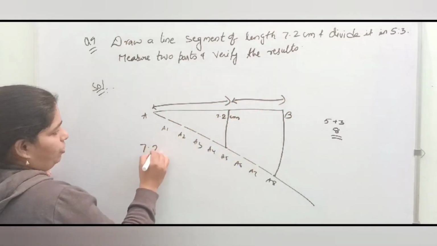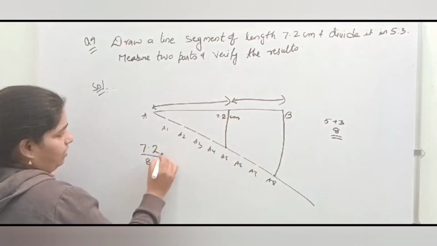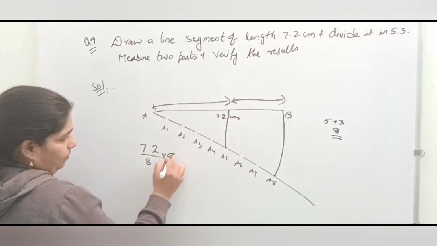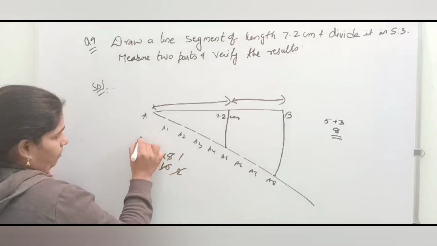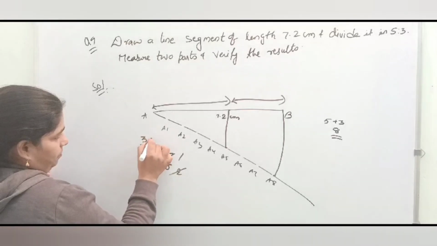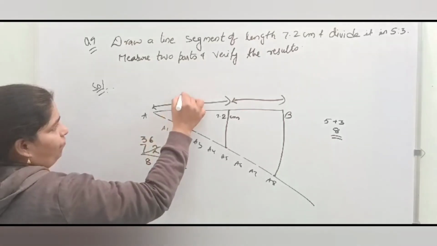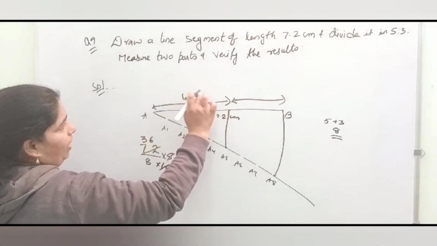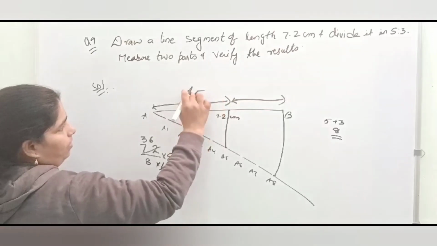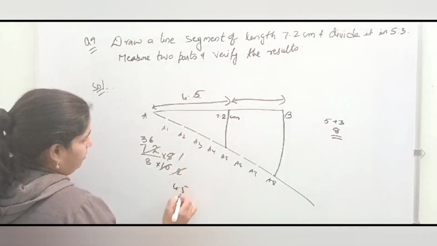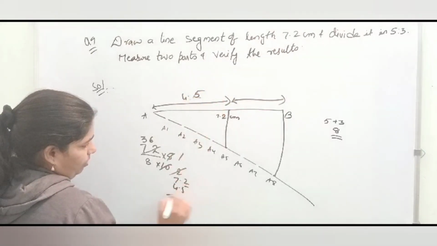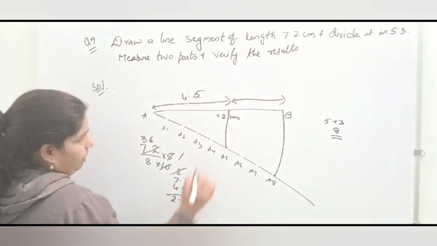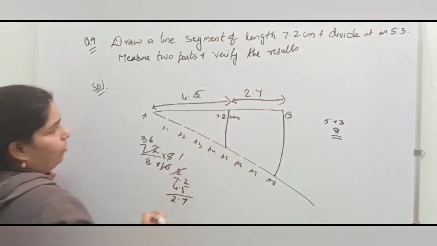Now 7.2 by 8 into 5 will be around 4.5, and the remaining value is 7.2 minus 4.5, which is 2.7.